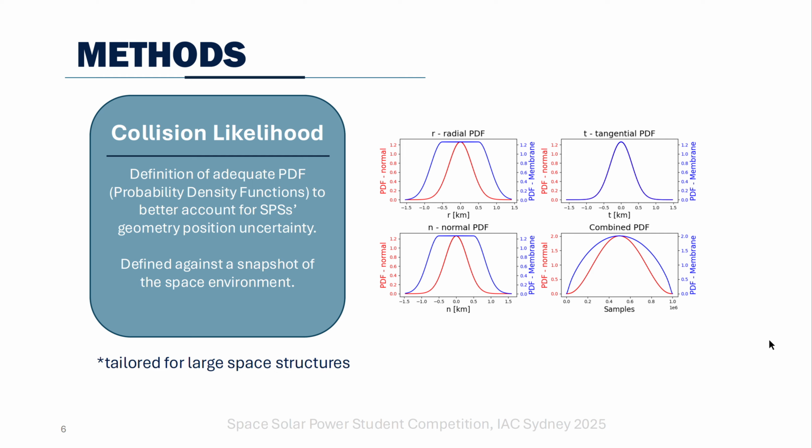In this module we develop some probability density function to better estimate the risk of each subcomponent of the solar power satellites structures to collide against any other objects in the space environment. Again, this probability density function can better account for the peculiar shape of the solar power satellites characteristics.